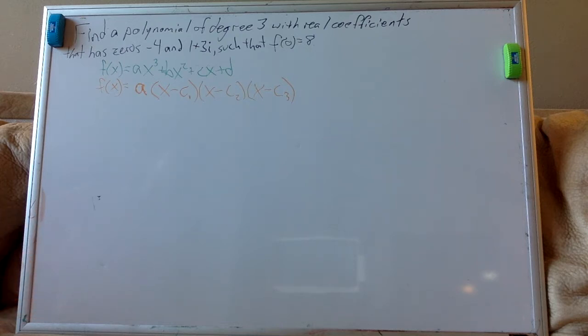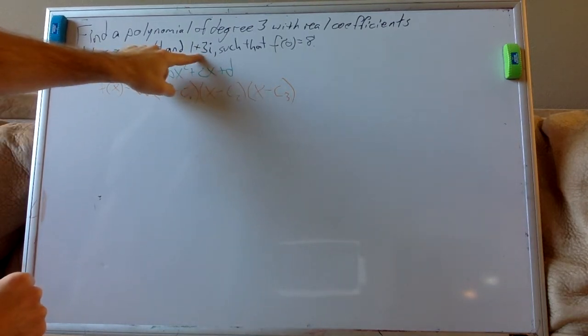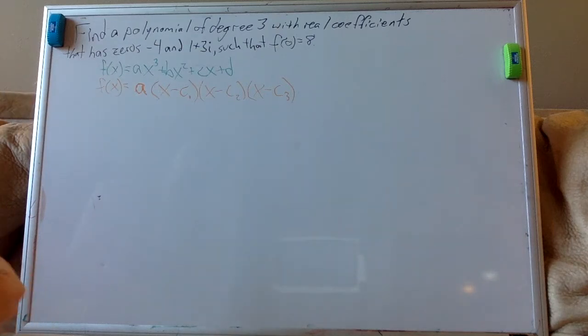The only way to get rid of that is to multiply by the conjugate. The conjugate is the thing that you multiply such that your imaginary part disappears. So that's what we have to find, the thing that we can multiply this by to get rid of it.